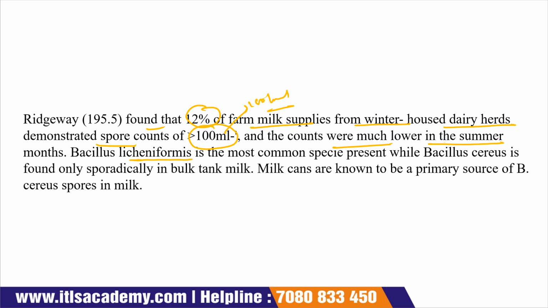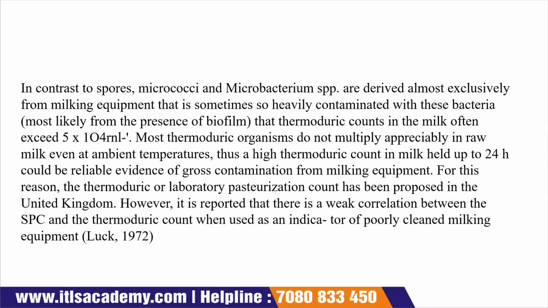Bacillus licheniformis is the most common species present, while Bacillus cereus is found only sporadically in bulk tank milk. Milk cans are known to be a primary source of Bacillus cereus spores in milk.